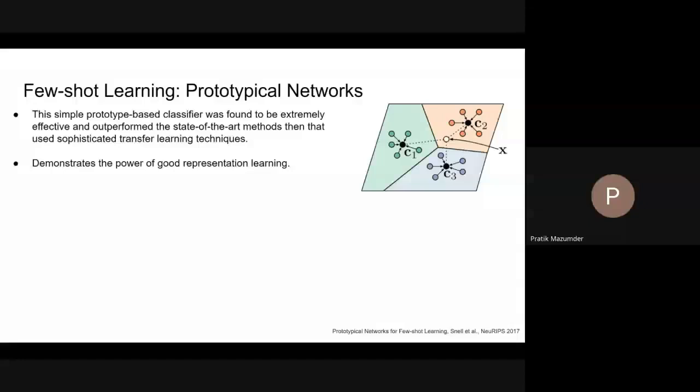And this was able to beat all of those by using a simple average prototype. This actually demonstrates the power of good representation learning. If your representation learning is good, you're able to transfer this knowledge to a different target domain where you may not have that much data, but you're still able to perform well.